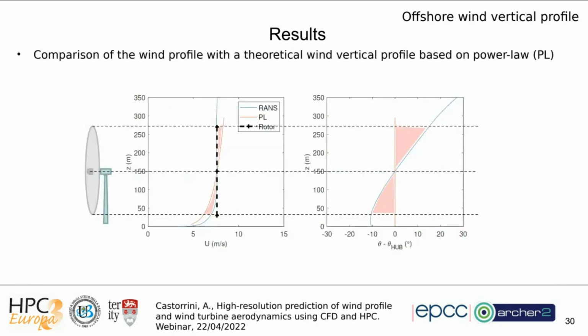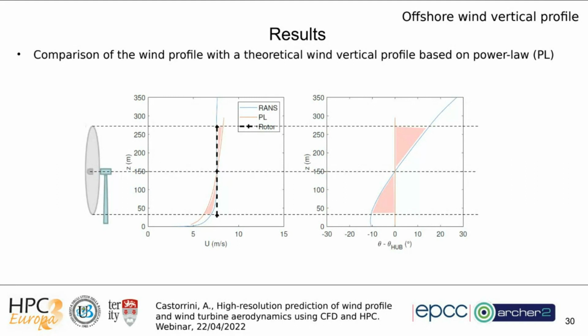Okay. In the end, why should we do all of this work? This can be seen here. If we see a rotor with blades of 100 meters more or less, using a theoretical profile, this orange line is the wind velocity that the rotor will see, and the blue line is the one that we get from the simulation.